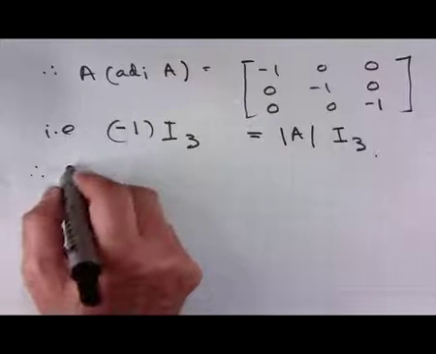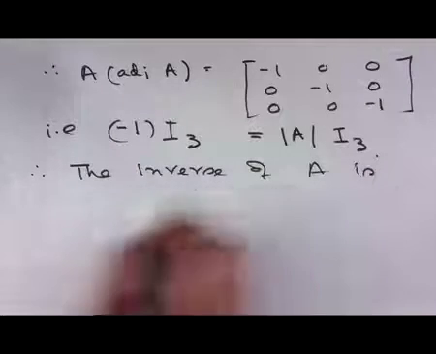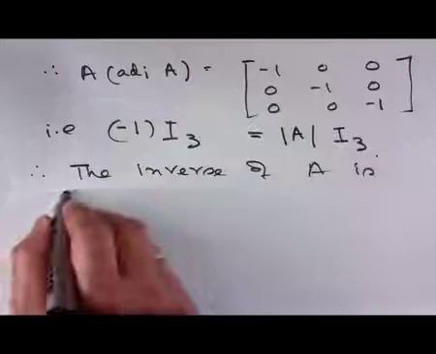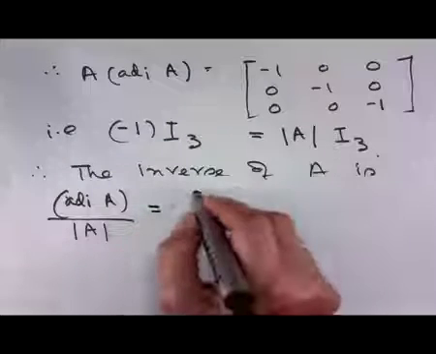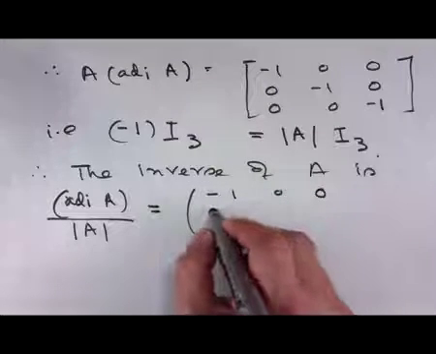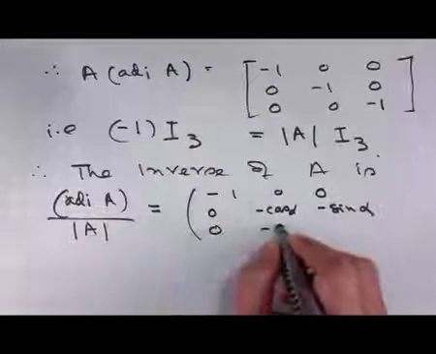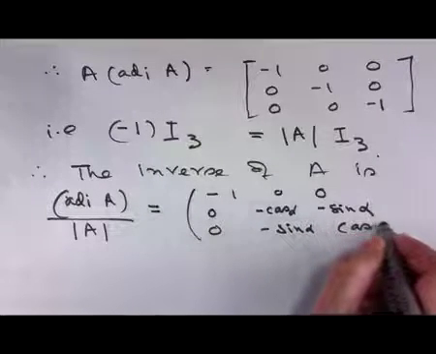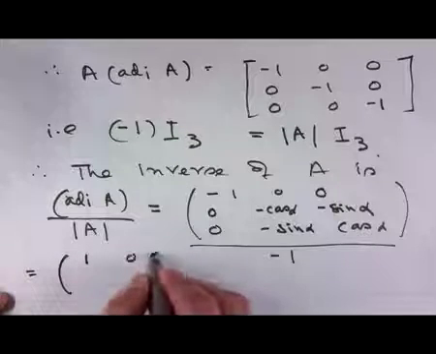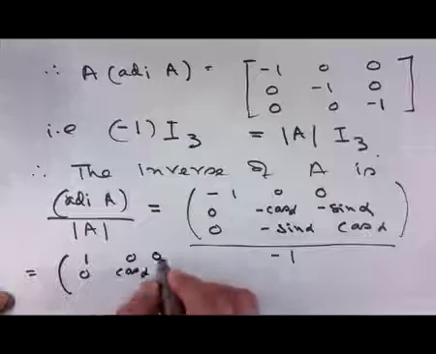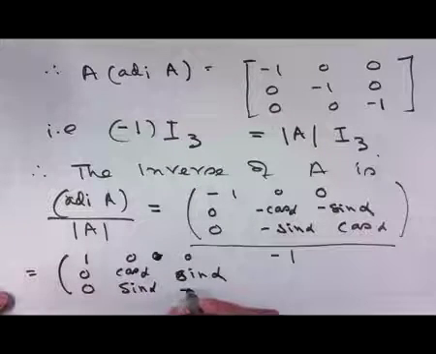Therefore, also we can calculate the inverse of A, which is adjoint of A divided by determinant of A, is equal to minus 1 0 0, 0 minus cos alpha minus sin alpha, 0 minus sin alpha into cos alpha, whole divided by minus 1, is equal to 1 0 0, 0 cos alpha sin alpha, and 0 sin alpha minus cos alpha.